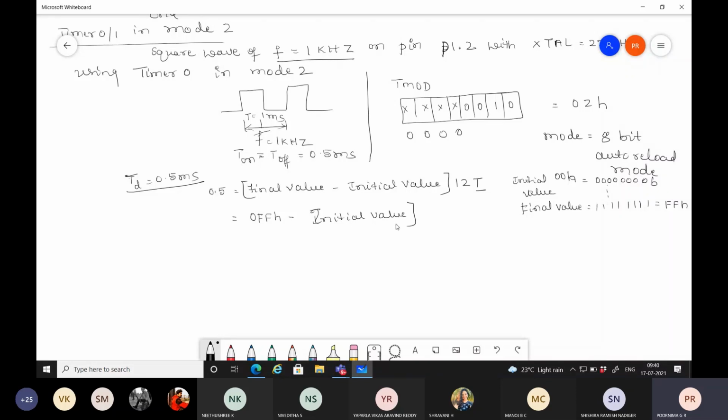And we know that it is 12T, 12 into 1 by 22 megahertz. So this will be 0.5 milliseconds. So what is the value that you are going to get for this?